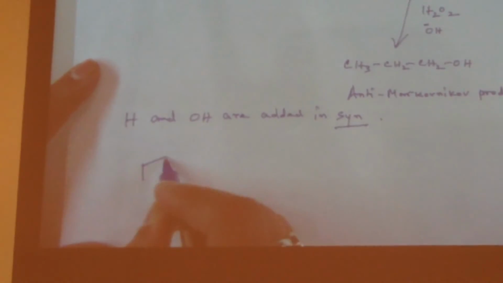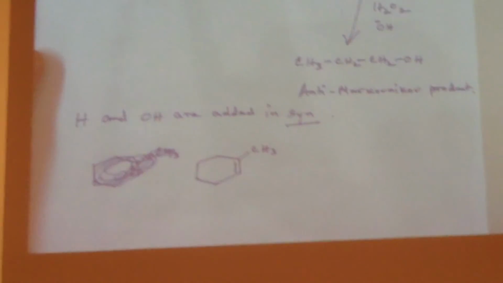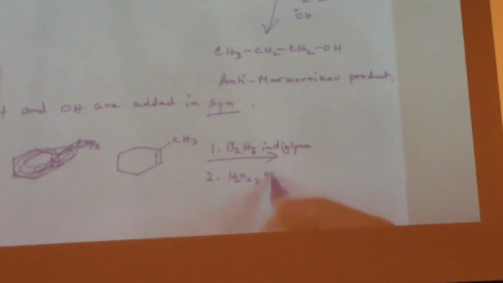But let's say if you have a six-member ring system, so if you have this compound and you carry out the diborane reaction, the first step B2H6 in diglyme, and then the second step H2O2 and OH minus.